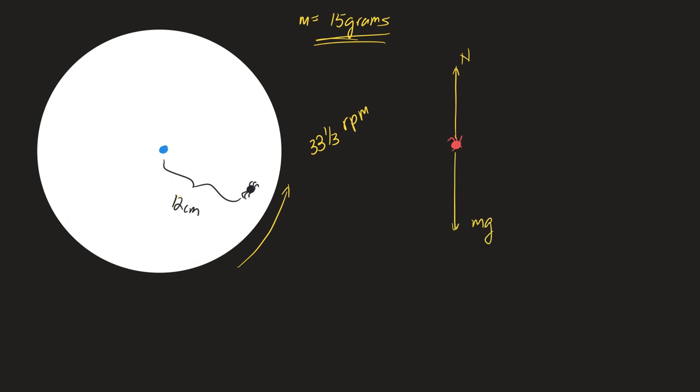But he's having to hold on to the record to keep from being flung off, so he's also probably experiencing a force in this direction. Now, I don't know what force this is. I didn't say. I'm saying that the spider's holding on. Perhaps he's grabbing a little groove of the record.